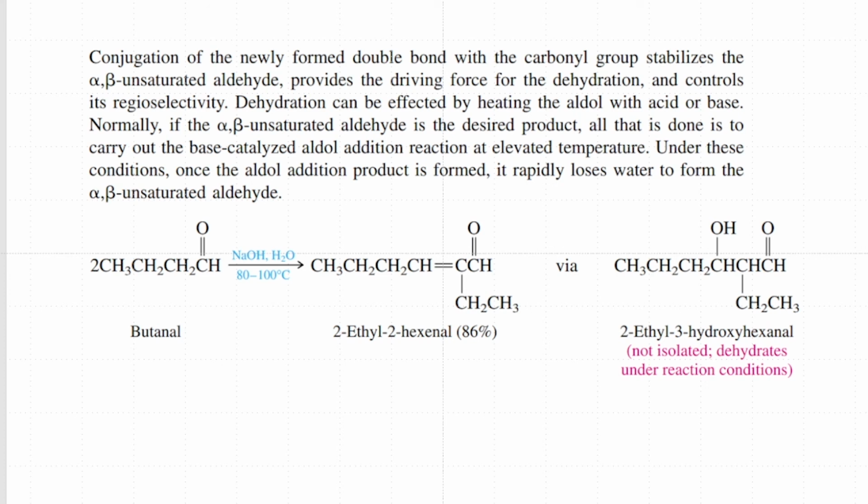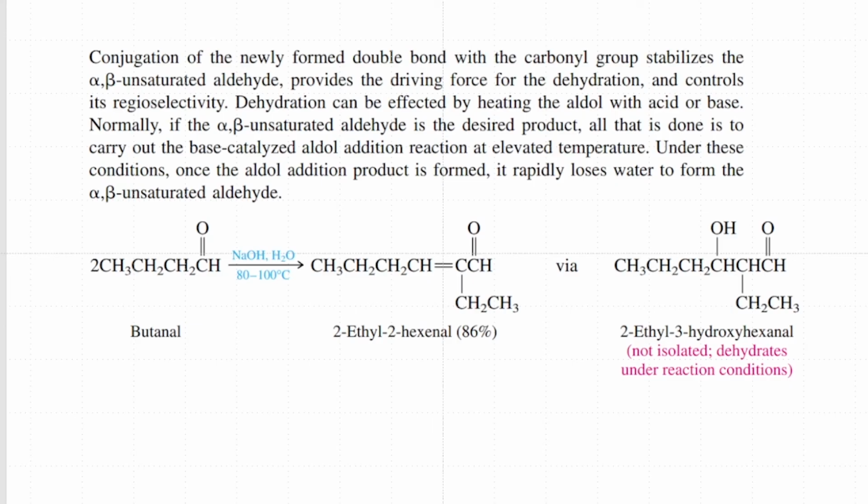It's about 86%. If you want to make the actual aldol product, it's a little difficult because the stability achieved by conversion of the alcohol to the olefin is fairly good, and it's in a positive direction.